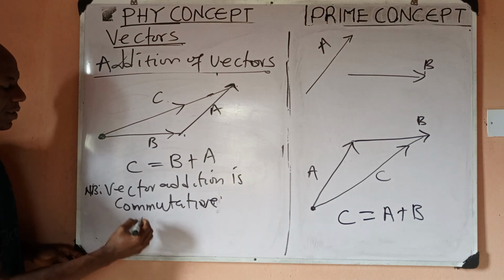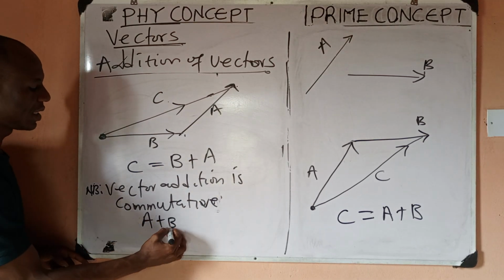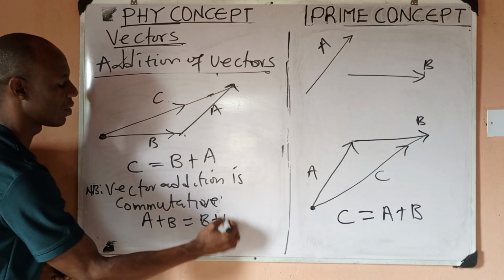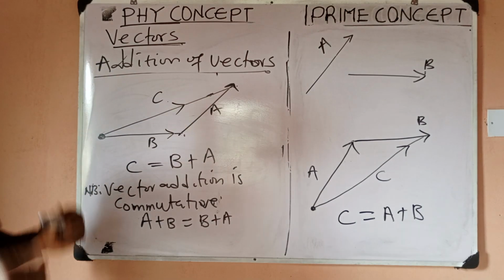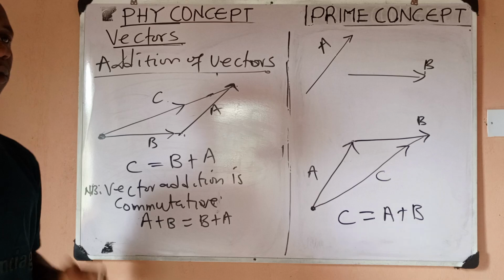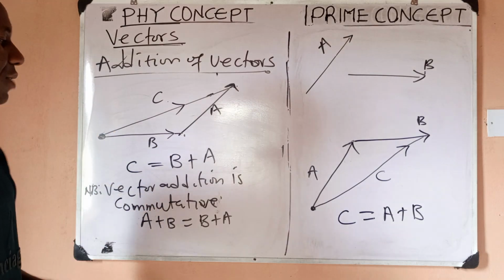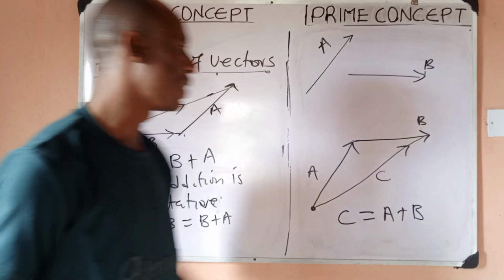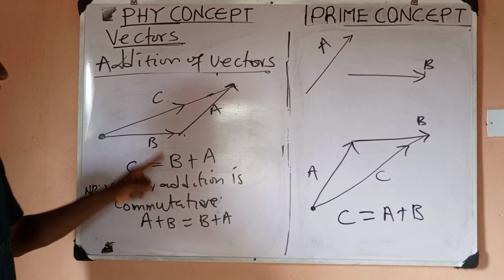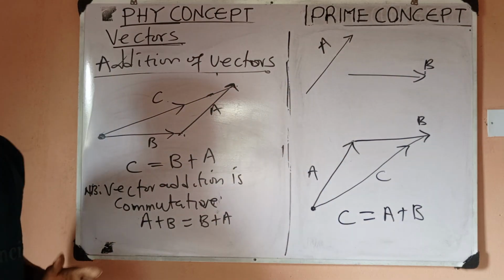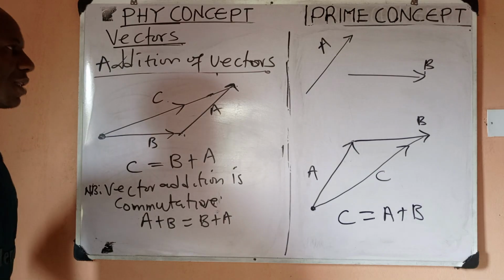It means that A plus B is actually the same as B plus what? A. So for vector addition, the same thing you have known for normal addition, it is also commutative, which simply means that A plus B is the same as B plus A. So that is one thing you should know for vector addition.